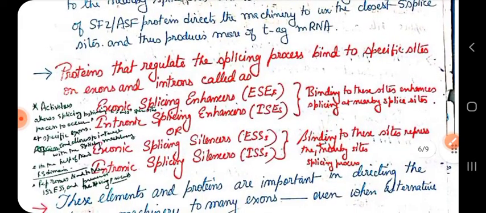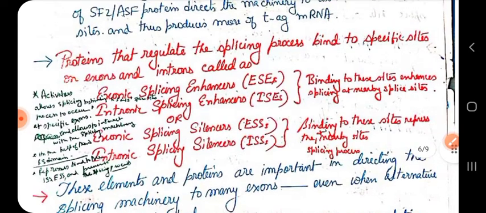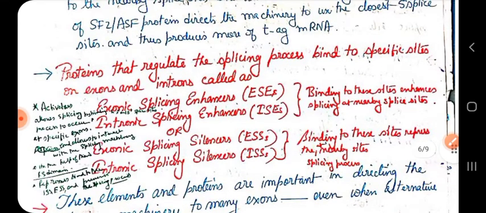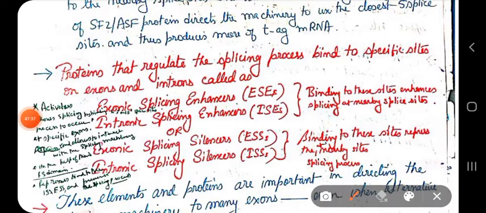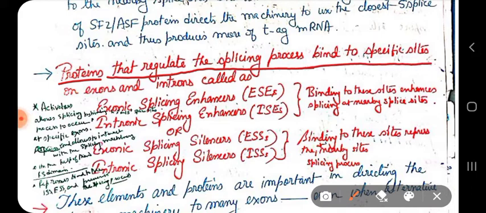Okay, so now some regulators, some enhancers, some silencers have to be discussed. Proteins that regulate the splicing process bind to specific sites on the exons and on the introns.